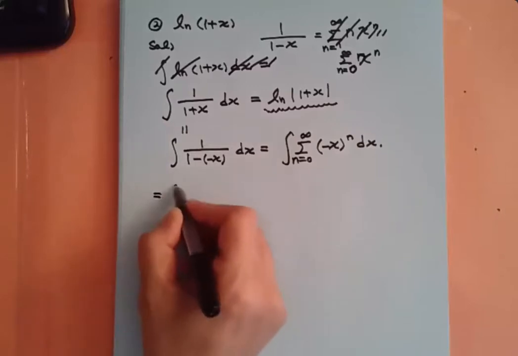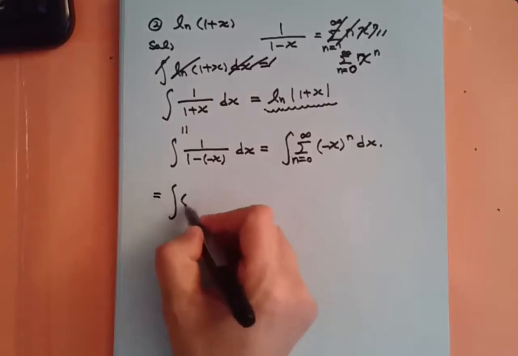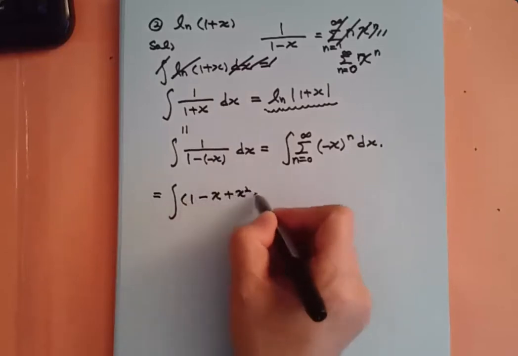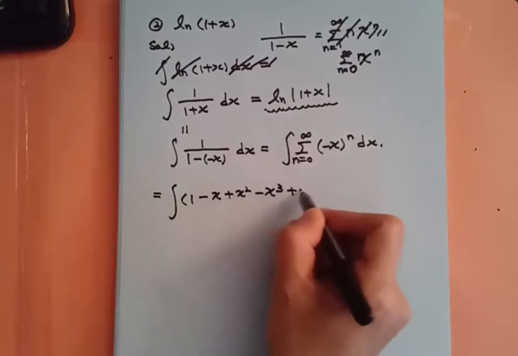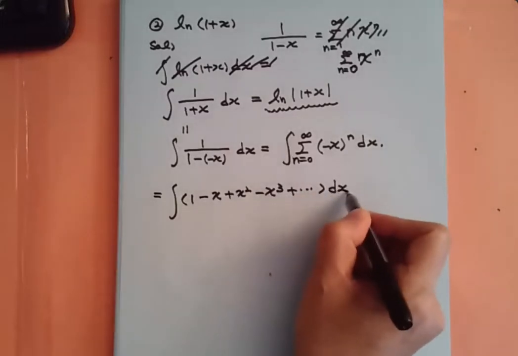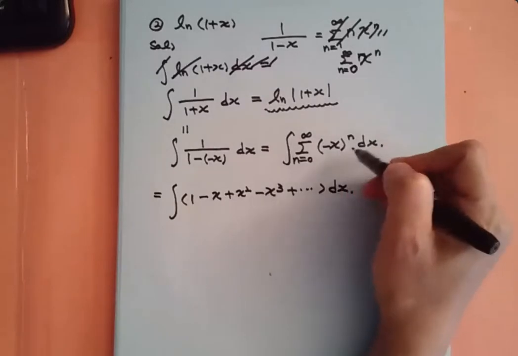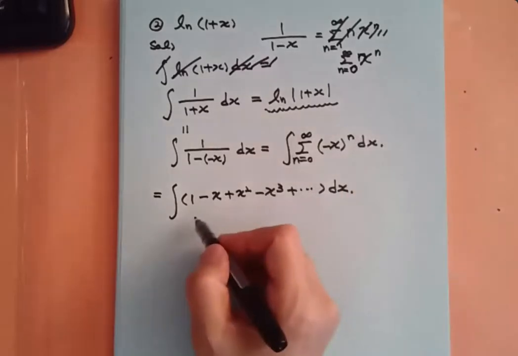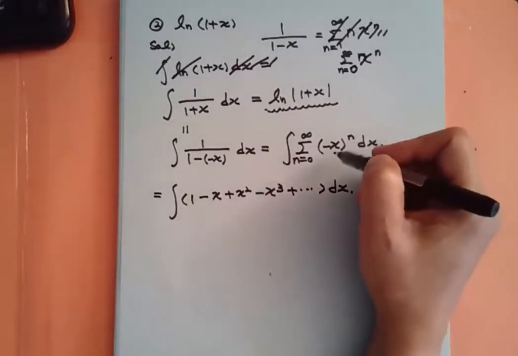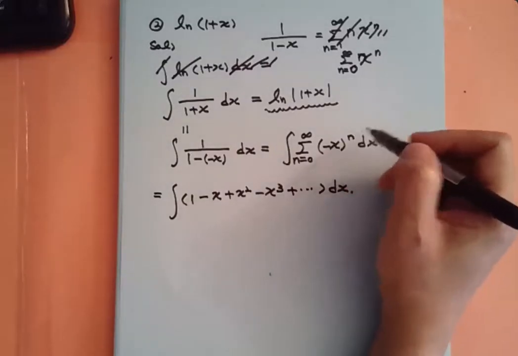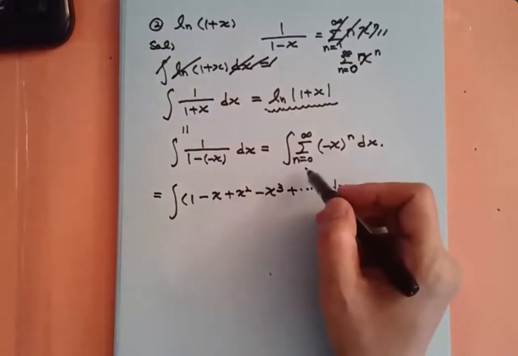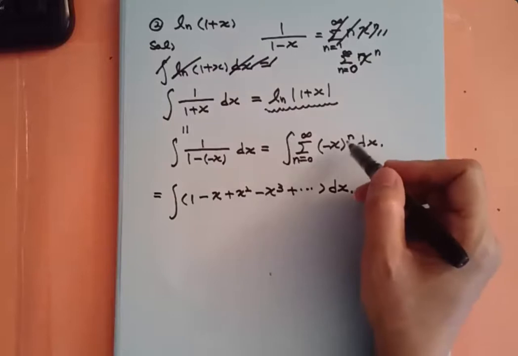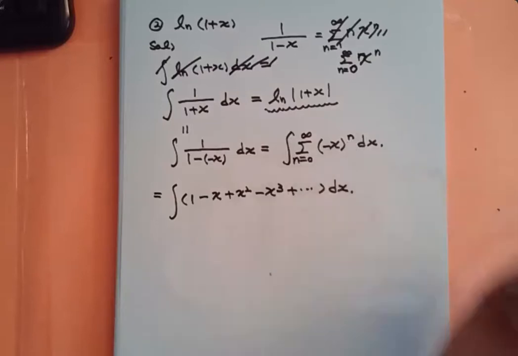So what is this? The integral of 1 minus x plus x squared minus x cubed dx. When n equals 0, anything to the 0 power equals 1. When n equals 1, that becomes negative x to the 1 power. If n equals 2, then that is negative x squared, which is x squared, and so on.